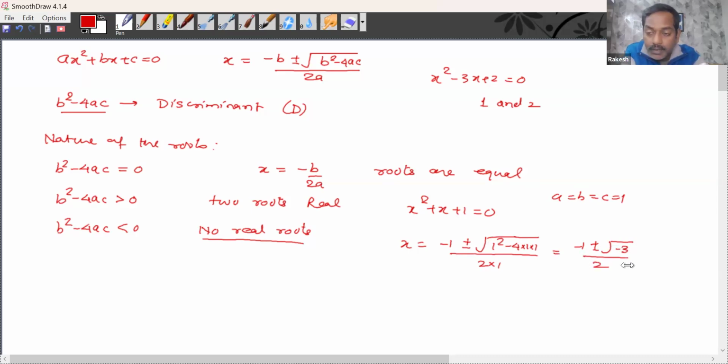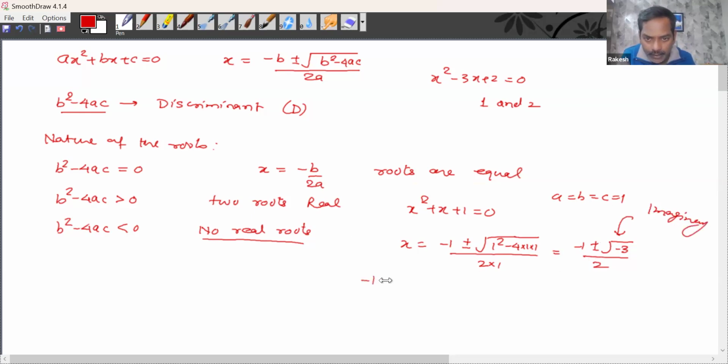Oops. There is no way wherein we can write under root of minus 3 or locate the position of under root of minus 3 on the number line. That's the reason this has no real root, because this is an imaginary number.